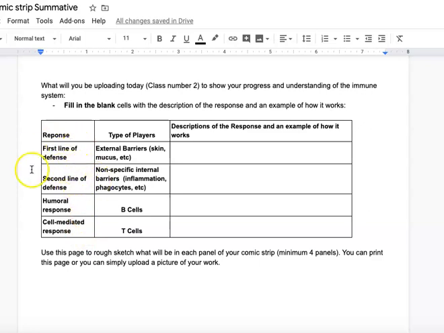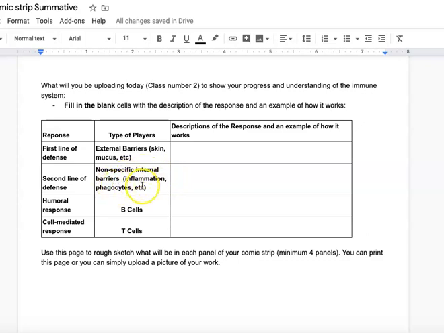First line of defense, the second line of defense, and the humoral response and cell-mediated response within the third line of defense. In the first line of defense, I'm telling you what players are acting in this first line of defense, like skin, mucus, etc. So you need to describe what the first line of defense does, how it functions, and maybe just give me an example, okay? Same thing for the second line of defense, non-specific internal barriers, like what?